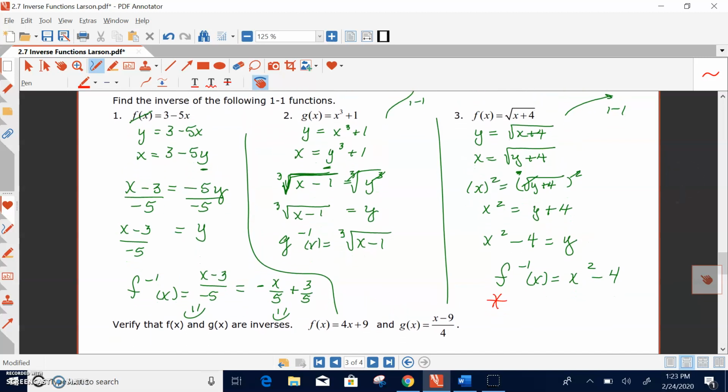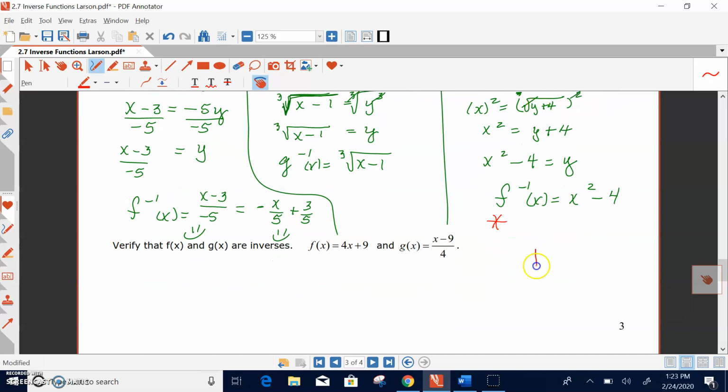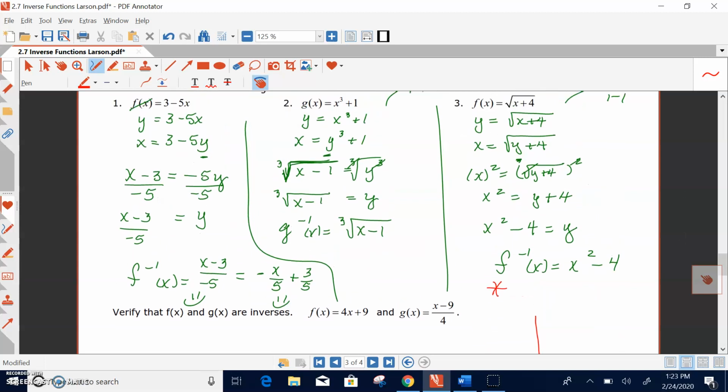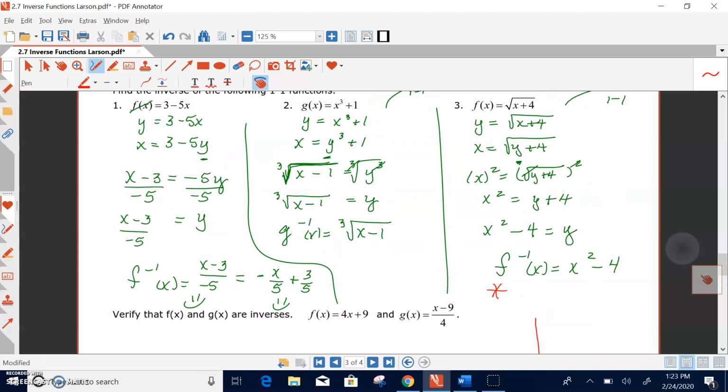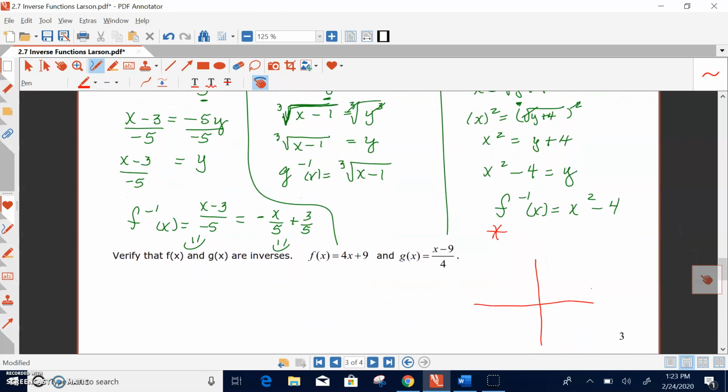And I'll show you how to figure that out. Problem number 3 is the square root of x plus 4. Let's just do a quick little graph of that. Plus 4 is under the radical, so that means it's inside the function, so it's going to the left 4. So that square root has gone to the left 4, and it looks like that.